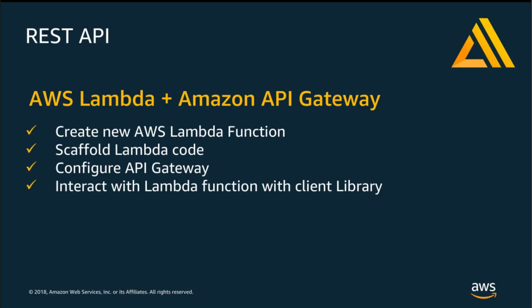It'll also configure API Gateway, so you can then begin sending requests directly to your API without having to do any configuration in the AWS console. It's all handled for you from the CLI. Once the actual API is created, you can then use the JavaScript library to start interacting with the API.